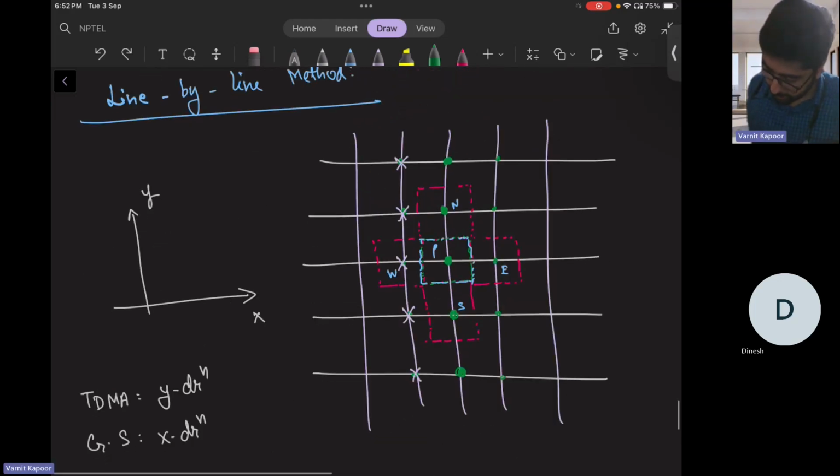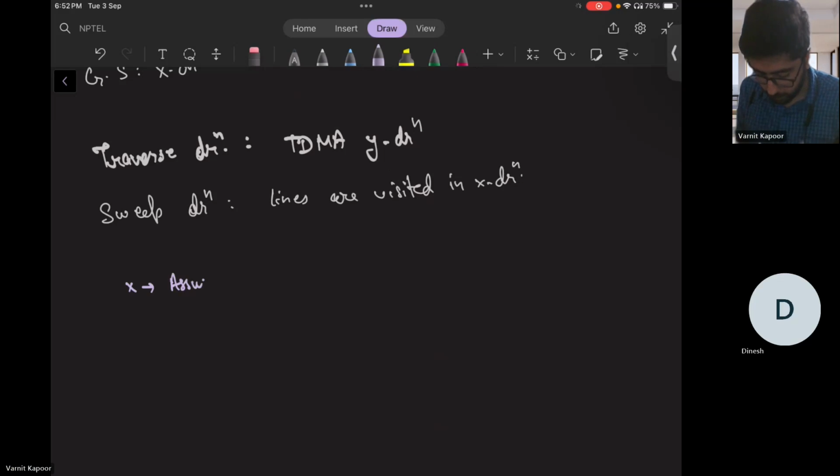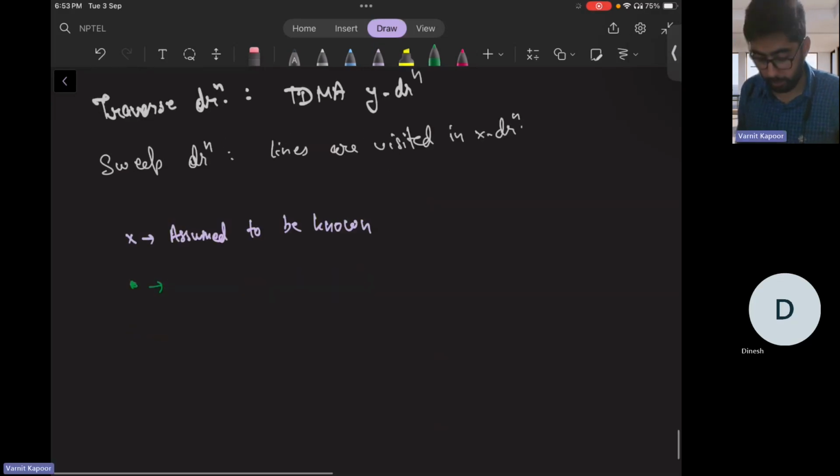So you can say that the cross values are assumed to be known, and the dot values are the unknowns.